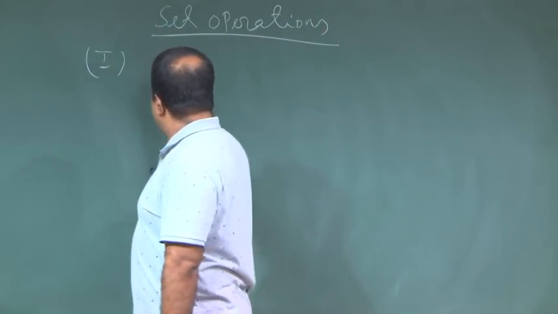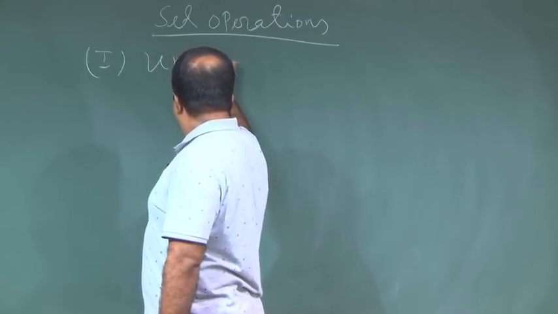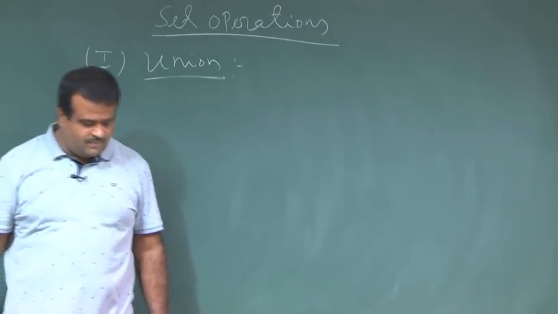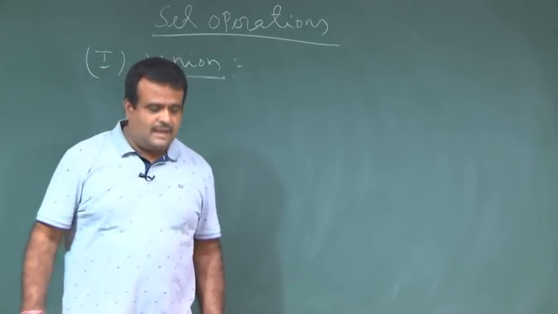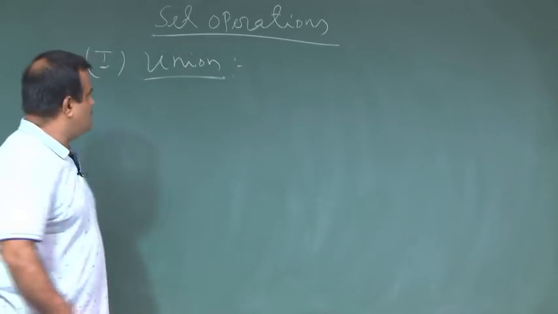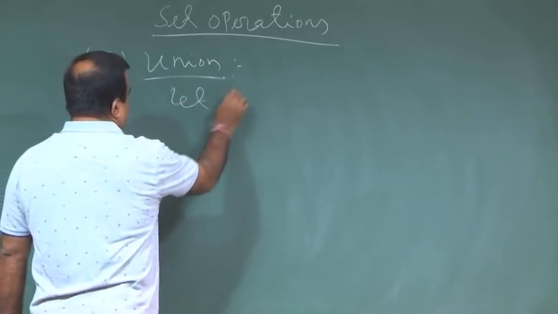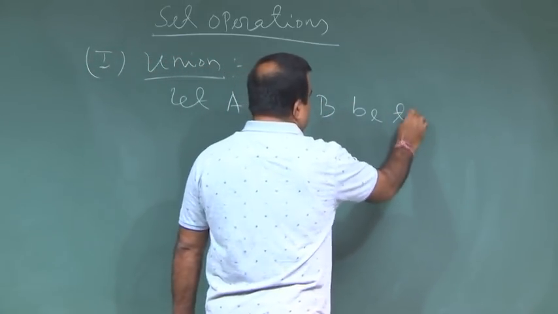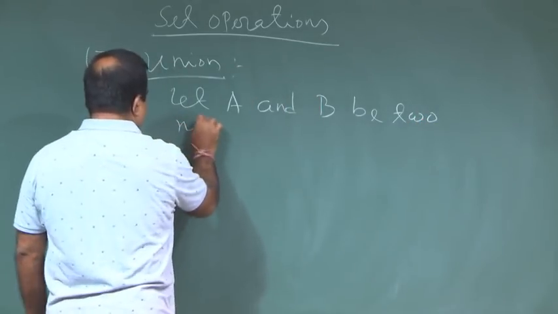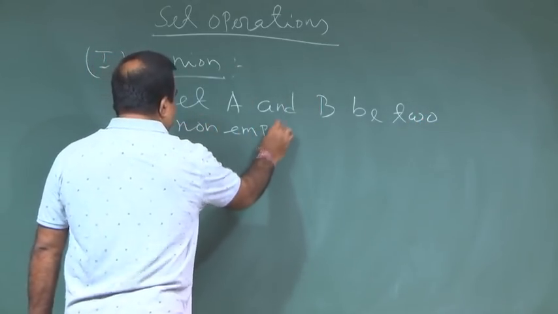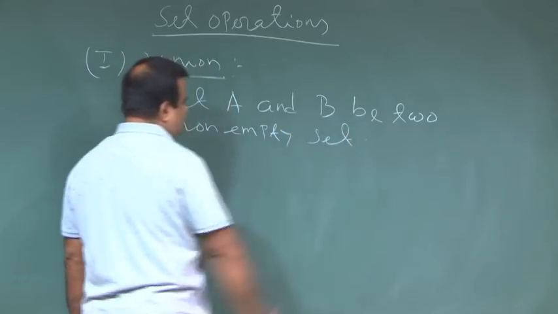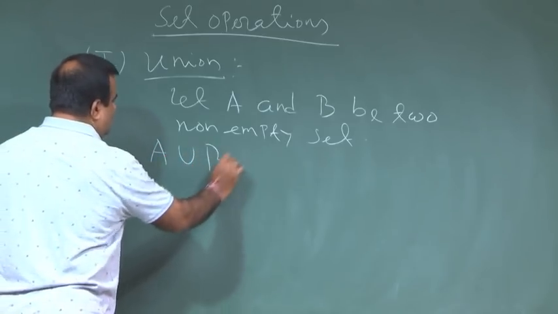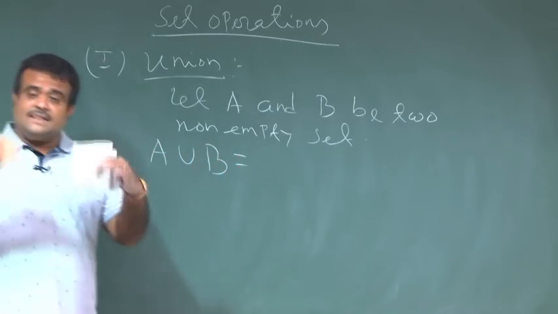So, the first one is the union operation. We have two sets A, B. What do we mean by A union B? Let A and B be two non-empty sets, then we define A union B, which is again a set.